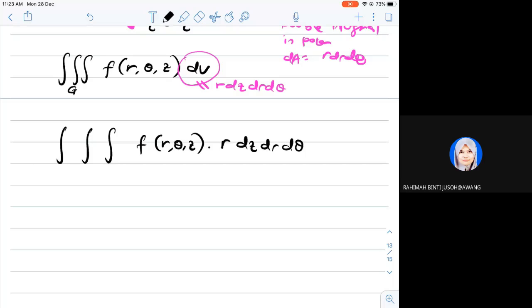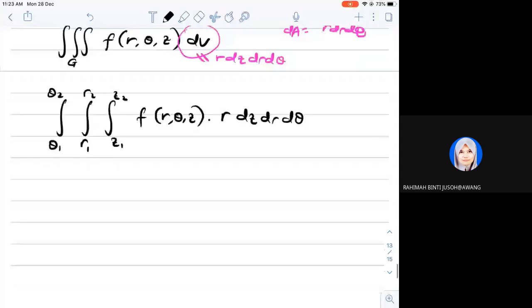F of r, theta, z dv becomes multiplied by r dz dr d theta. We have 4 terms. Of course here there should be z1, z2, the limits of z, and then the limits r1, r2, theta 1, theta 2. So that's the general formula. Now if you use triple integrals in cylindrical coordinates to calculate the volume, it should be like this. There will be no function.